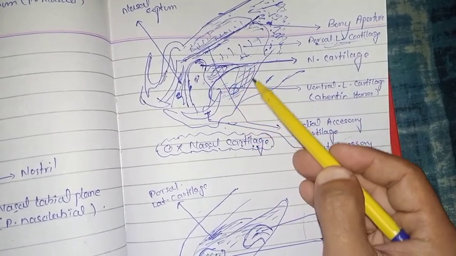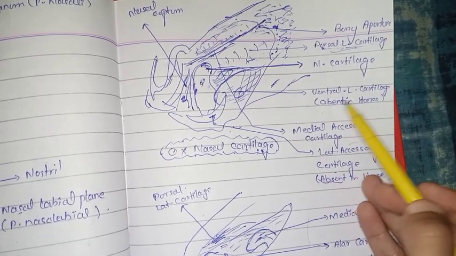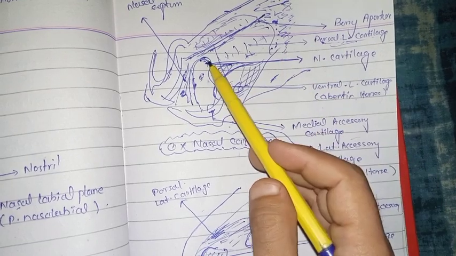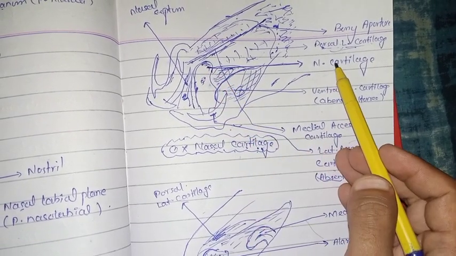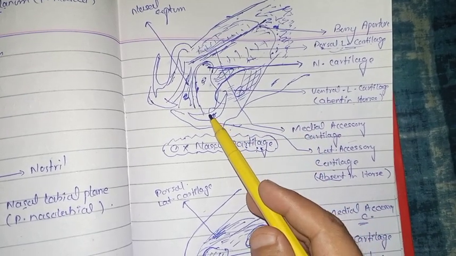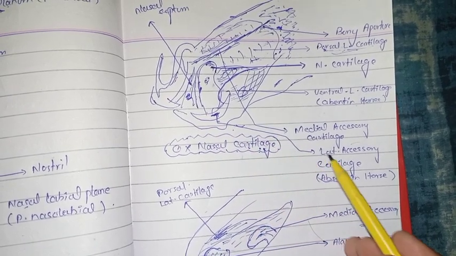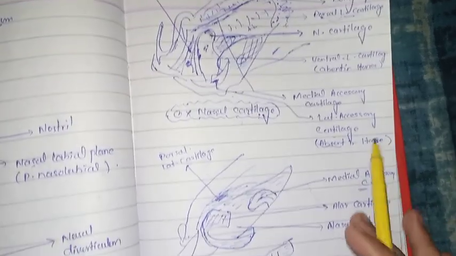Here on this one is the ventral lateral cartilage, which is absent in horses. This one is nasal cartilage. This one is called lateral excretory cartilage, which is also absent in horses.